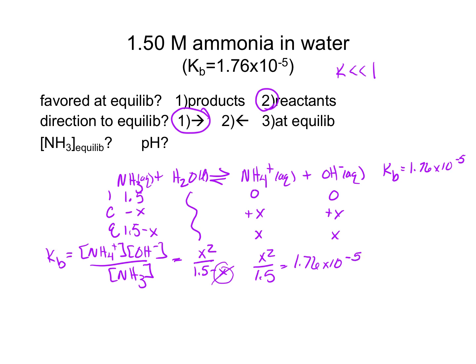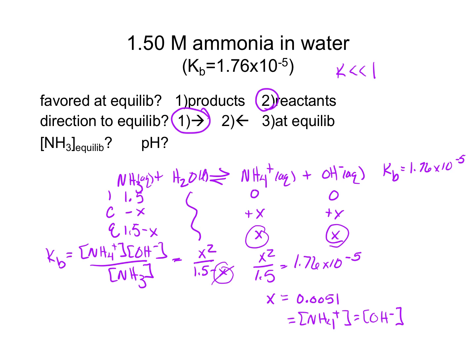I'm going to cross multiply my 1.5, and then take the square root to get X. So X is equal to 0.0051. This is equal to the concentration of NH4 plus and the concentration of OH minus, because those were my X's here.